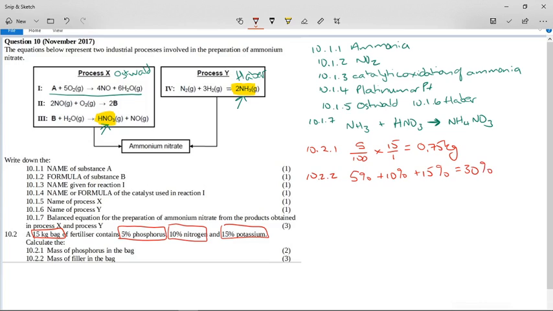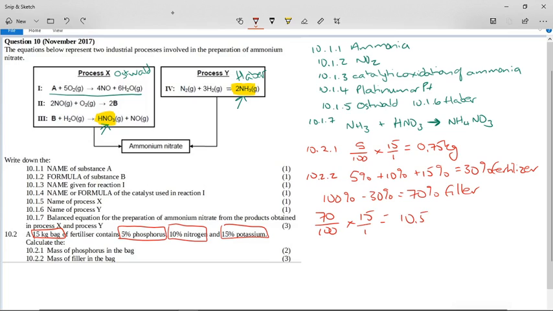So in my bag, 30% is the fertilizer chemicals. Okay. So how much filler is there? 100% minus 30% is 70%. That is how much filler I've got. So it is 70% of the total mass of the bag, which was 15 kilograms, and this is 10.5 kilograms.